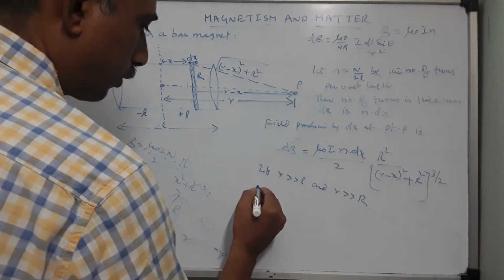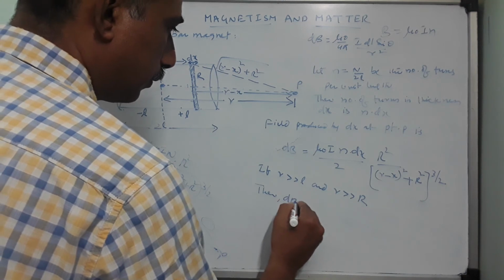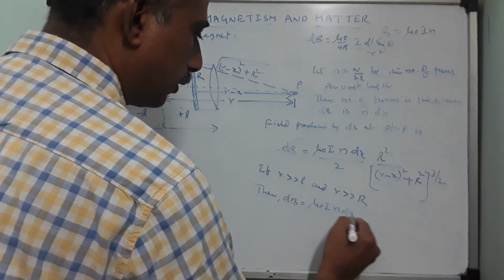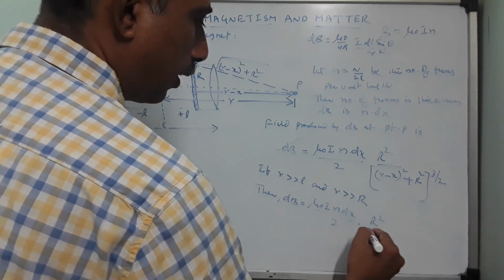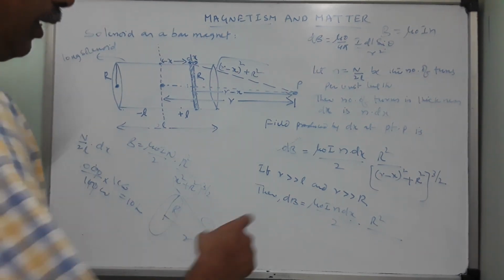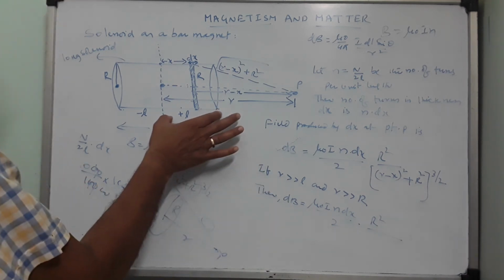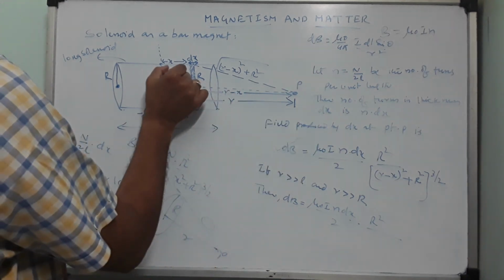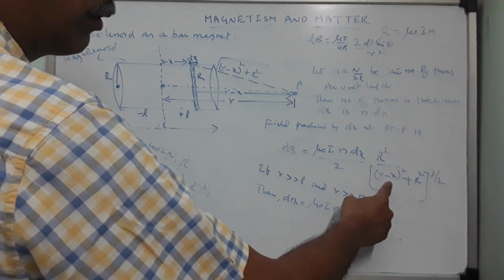We will have an approximation: dB equals mu naught I into n into dx divided by 2 into R square divided by. When L itself is very, very smaller than r, then x will be still smaller, no? So that can be neglected. So this can be made 0.